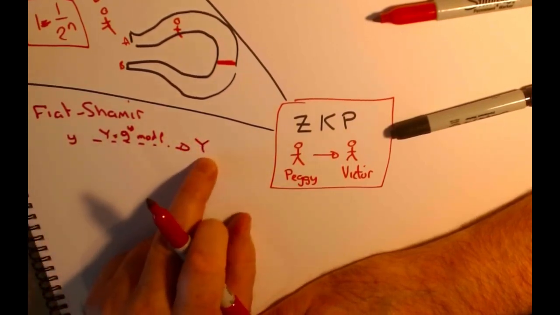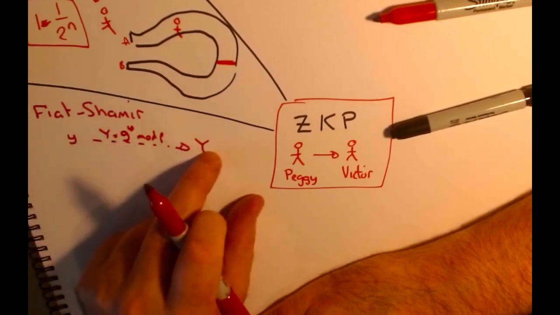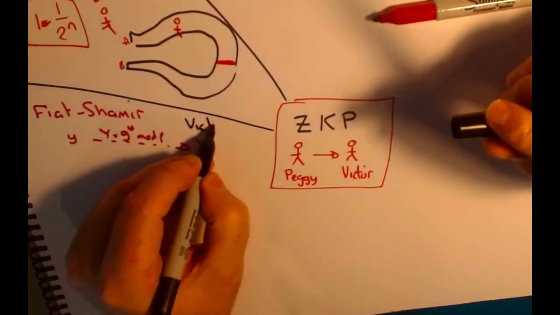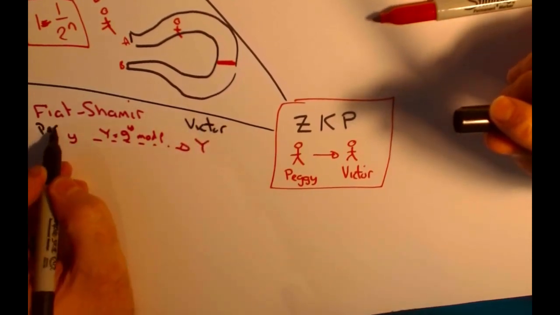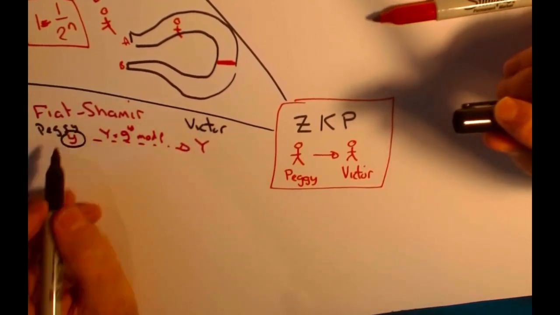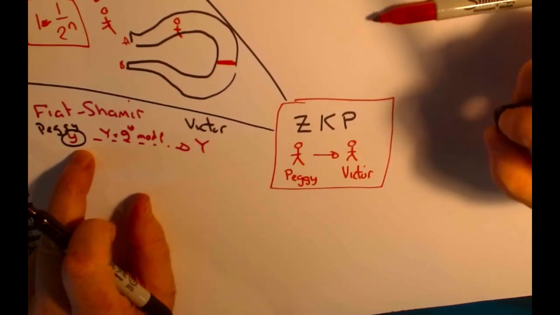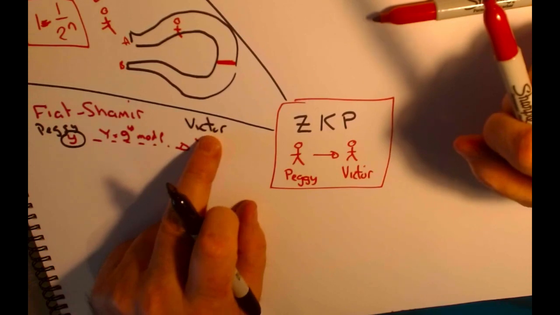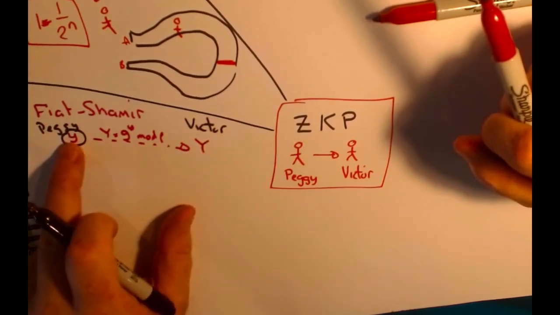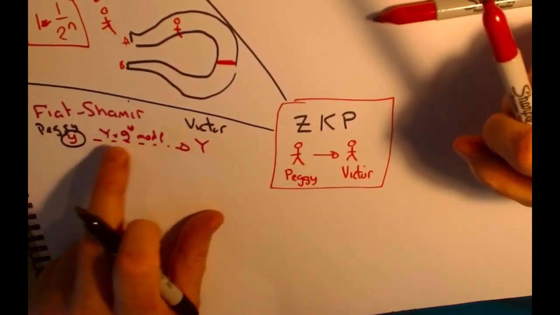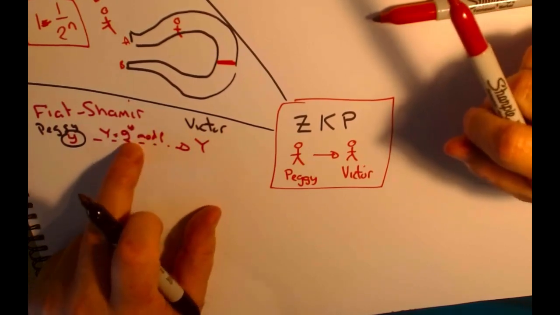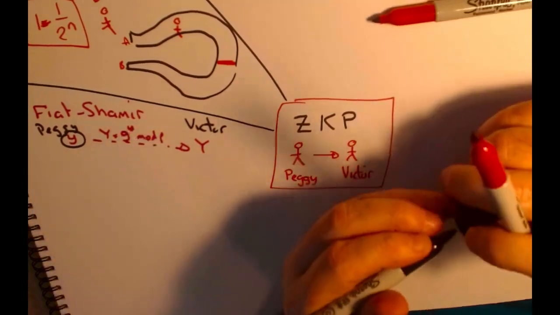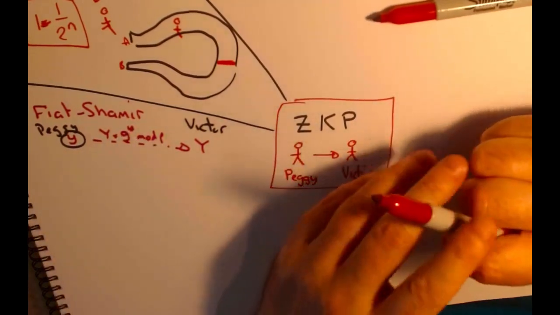So in this case, Peggy will register with Victor. So we have Victor here, and we have Peggy over here. This is the secret that Peggy wants to preserve, and this is the value that Victor knows for Peggy, but will not reveal the value of y because we cannot solve this for the value of y in this case.